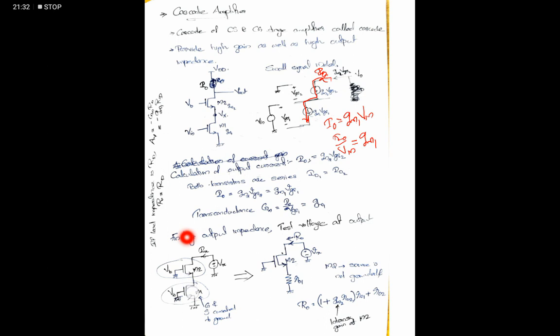For that we will use this method. A test voltage is given at the load terminal, and we evaluate the current, then Vx by Ix gives R0. So a voltage Vx will be given, and we need to calculate Ix, and Vx by Ix will be the R0. While evaluating this circuit, we get that these two terminals are grounded.